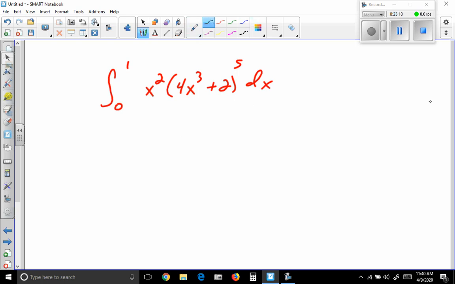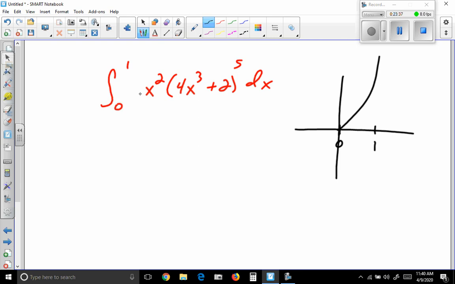So let's make a comment. These values, this is an x value, this is an x value. If we looked at this function, this function goes from an x value of 0 over to an x value of 1. So we have some curve, and we're going from 0 to 1 in the x direction.